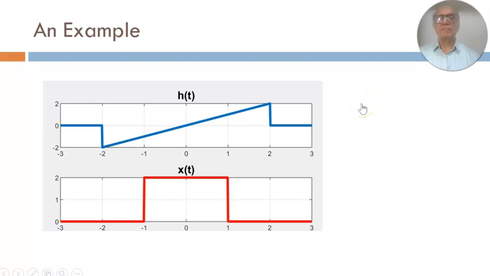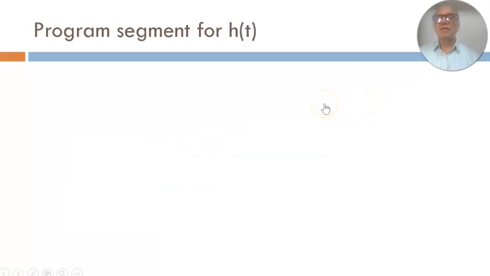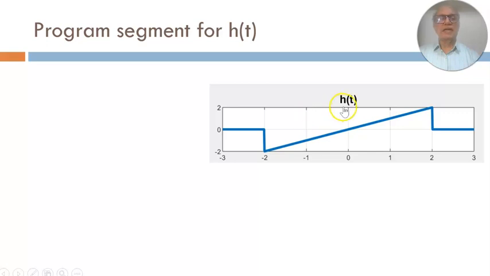All right, let us first see the program segment for generating ht. This -3 to +3 is the entire time interval. We can split it into three segments: one from -3 to -2, then -2 to +2, and 2 to 3. In the first segment you have all zeros.